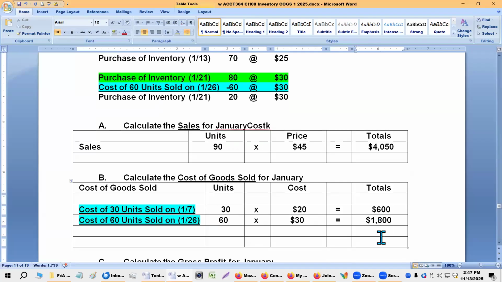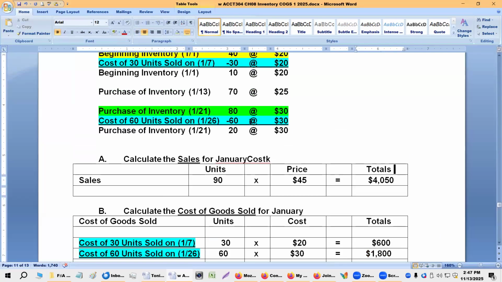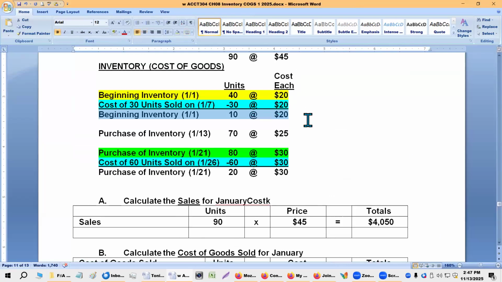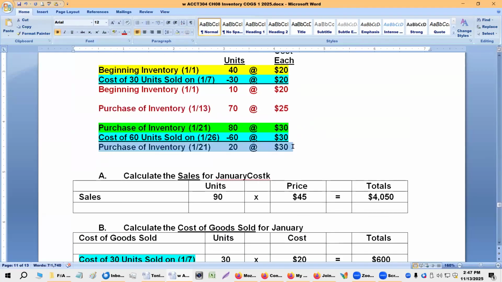So this will be our cost of goods sold, the total of those two, 2,400. And again, the ones in red are the inventory that is not sold.